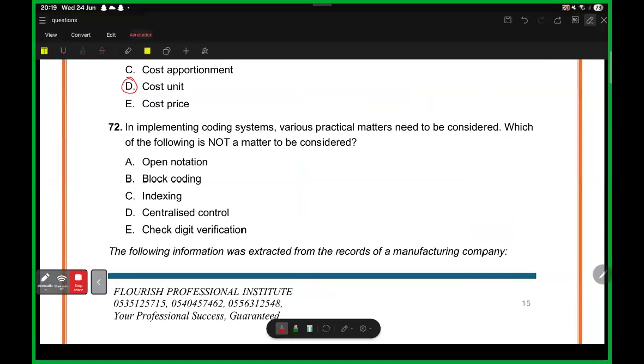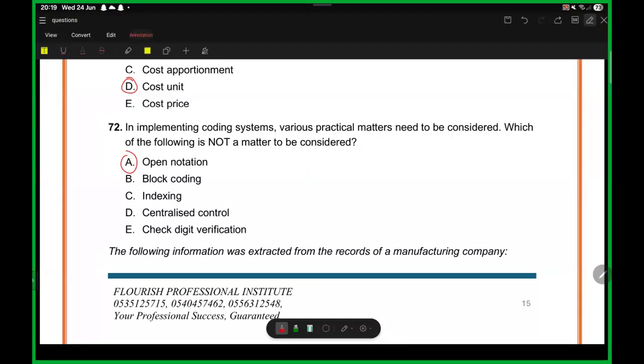So yeah, the answer will be A, because when you are implementing coding system, you are doing coding, like you are using Python or you are doing SQL, the structured query language. Okay, so let me read the question again. In implementing coding system, various practical methods need to be considered. Which of them is not a matter to be considered?